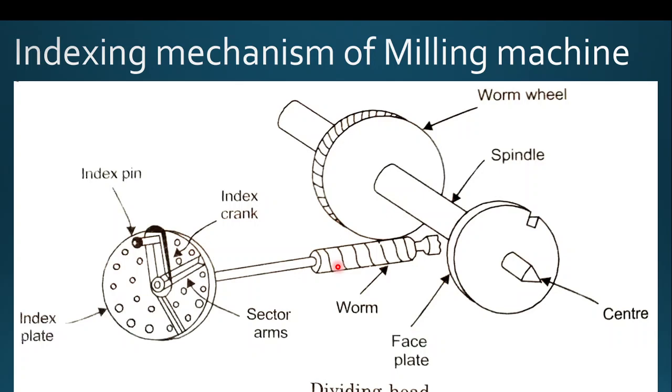So in order to rotate the workpiece in a uniform way to achieve better cutting, the indexing mechanism is designed. So indexing is actually the rotation of the workpiece by a very small and uniform amount during the operation.